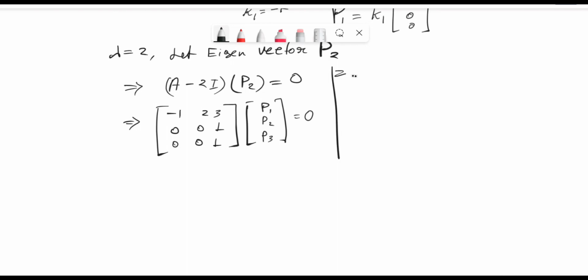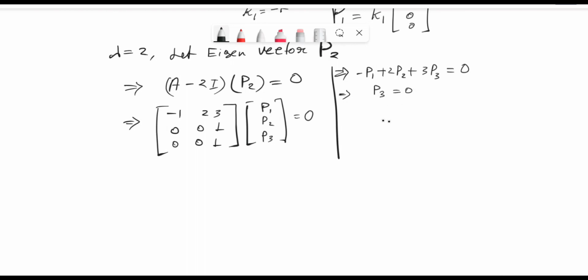From this system we get minus p1 plus 2 p2 plus 3 p3 equal to 0, and also p3 equal to 0.